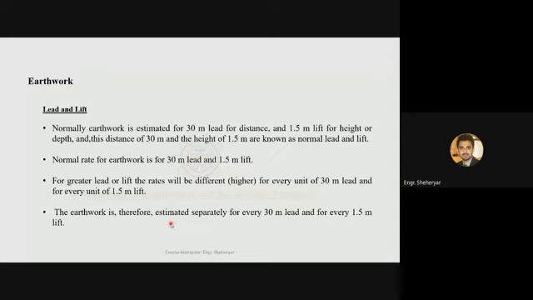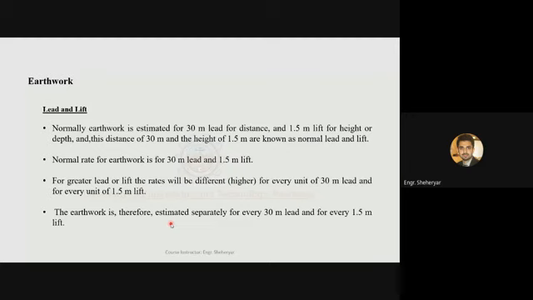So let's say the distance between the point of excavation and point of deposition is increased. Your rate will increase in the intervals of 30 meters.